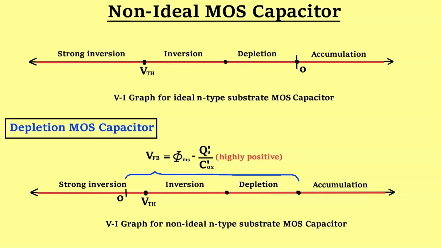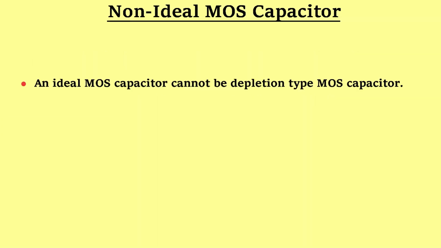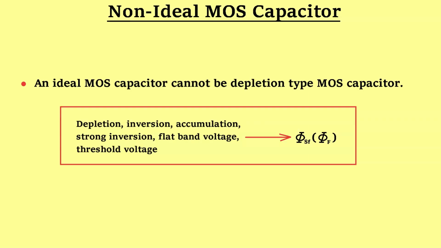From the 4 diagrams we just considered, you can say that an ideal MOS capacitor can never be a depletion MOS capacitor. After all the lectures studied so far, everyone should be able to understand that the accumulation region, depletion region, inversion region, strong inversion region, threshold voltage, and flat band voltage are strictly defined in terms of surface potential, which is indirectly dependent upon Fermi potential.